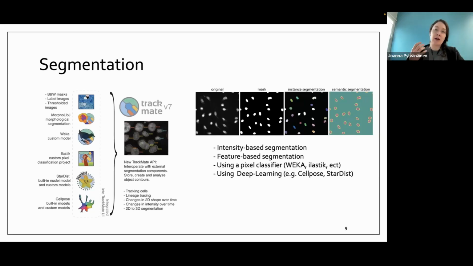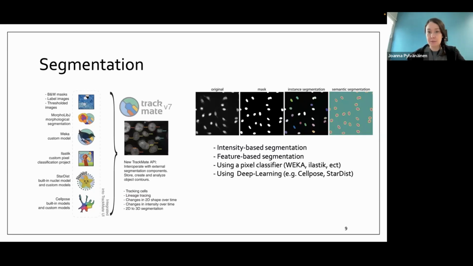We can use classical detectors such as LoG or DoG detectors, or we can input masks or label images for TrackMate to identify our objects. We can also incorporate deep learning models or machine learning models that we have trained elsewhere into TrackMate to automatically detect our cells in the workflow.